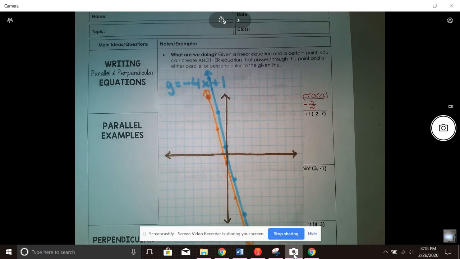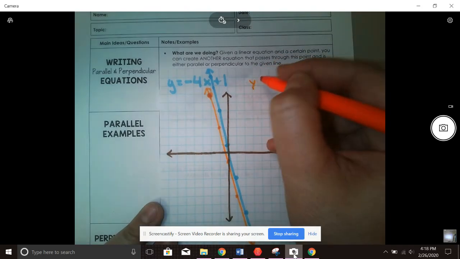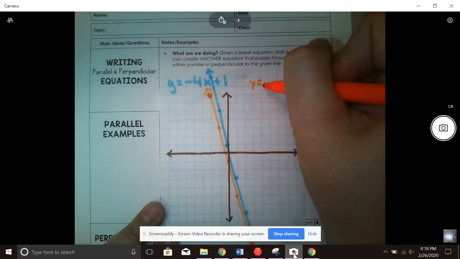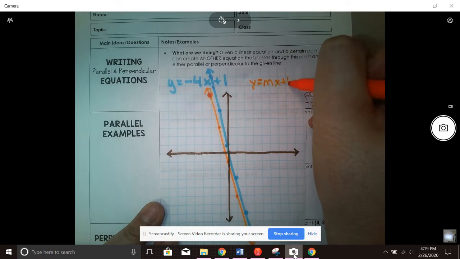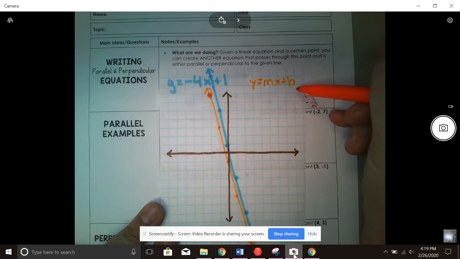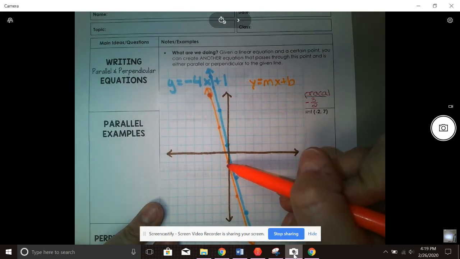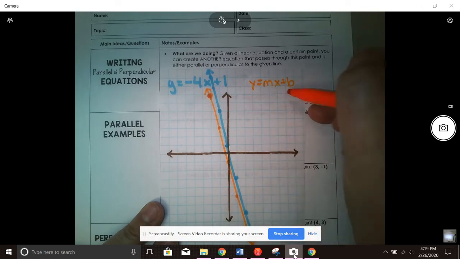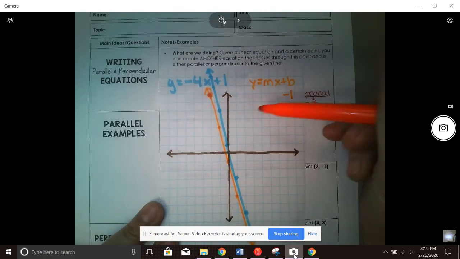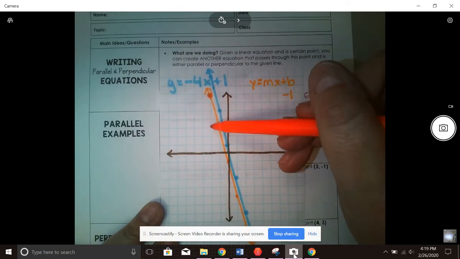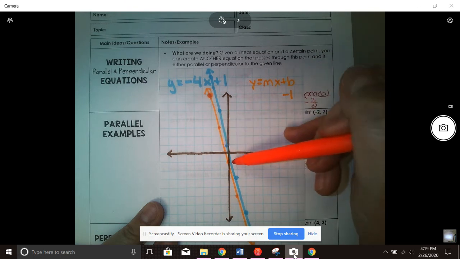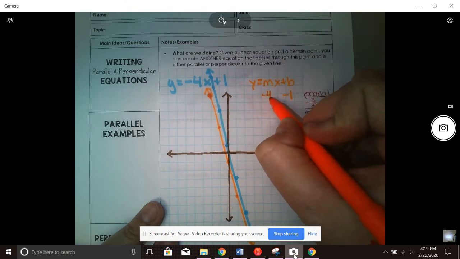So the challenge is, can I write the equation of that line? When I know how to write equations of lines, it's easy. y equals mx plus b is the equation of a line. The b is the y-intercept. This line is cutting through the y-axis at negative 1. And I know that my slope is down 4 over 1, or negative 4.